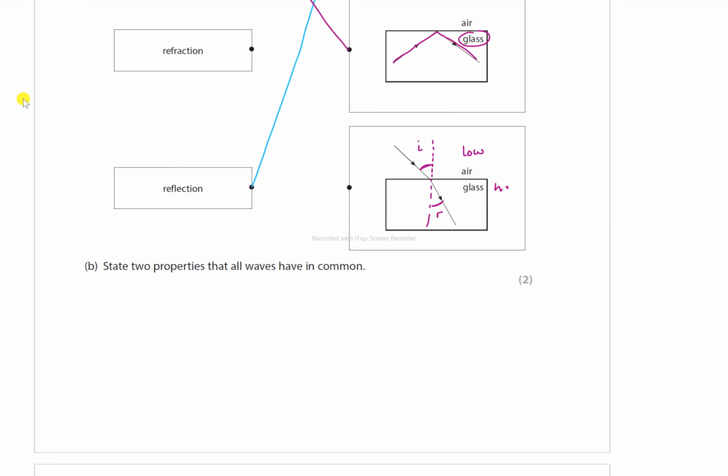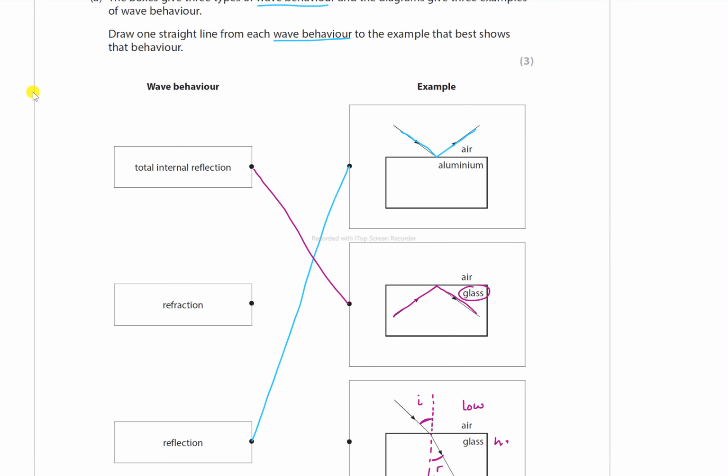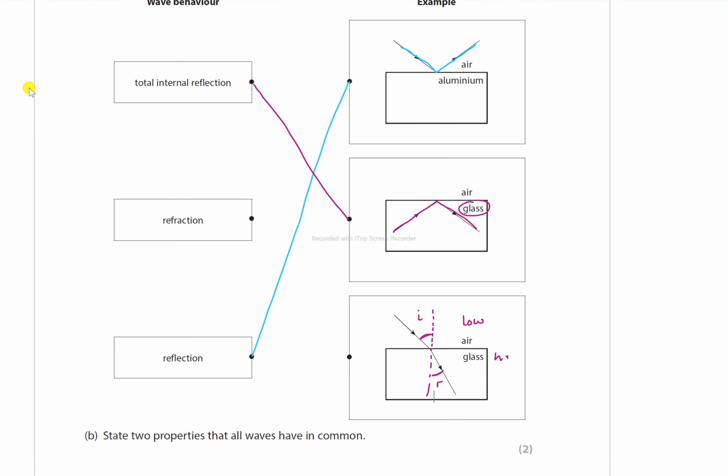So this is where you get refraction. What else is it? Oh, okay. I thought there was another one, but maybe not. So this is refraction. This is the incident ray. This is the refracted ray. This is the angle of incidence. This is the angle of refraction.